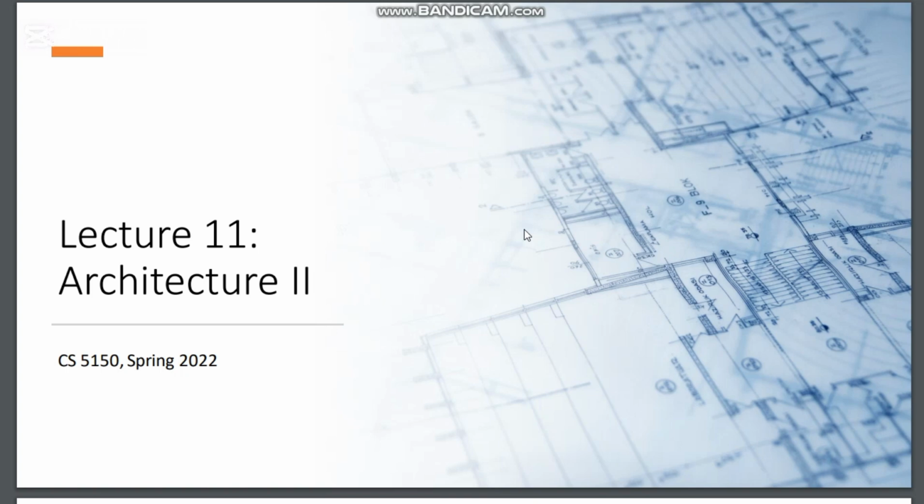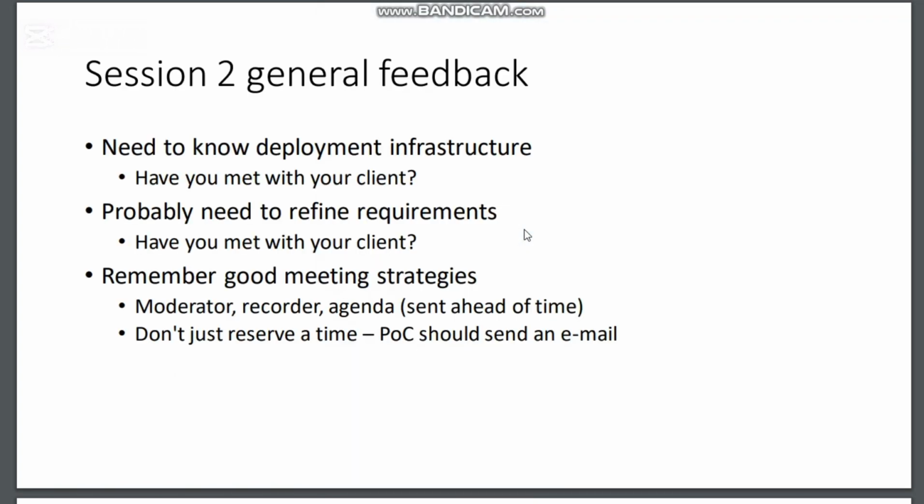Then we will see the model view controller, which is a very well-known architecture style these days, and we will see its component diagram as well, and then the features of MVC. Then we will see other architecture styles like microservices and so on. So let's have a look at the lecture deeply.